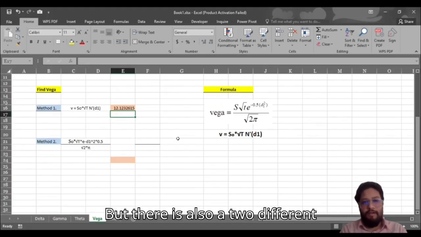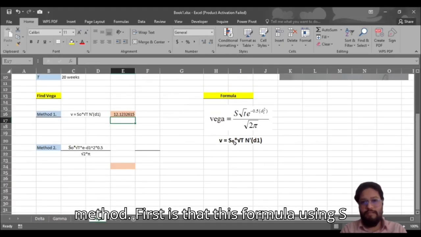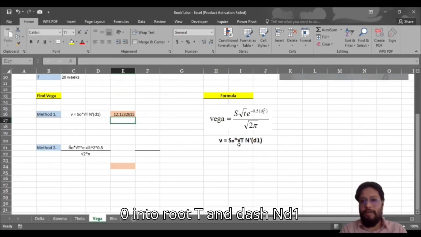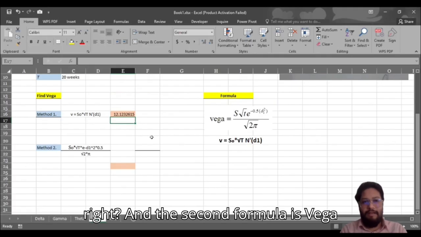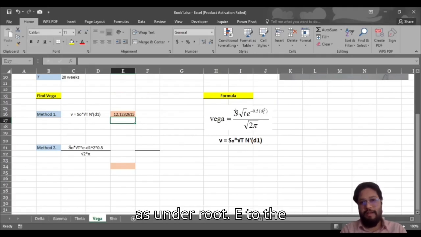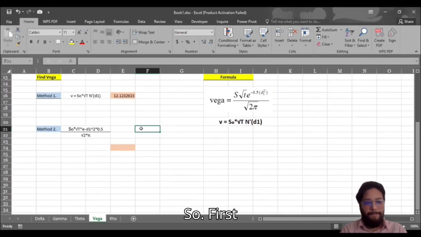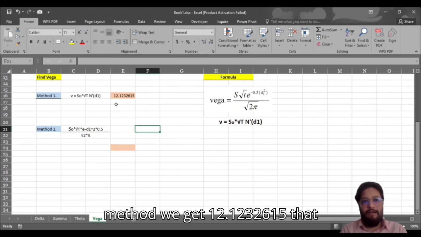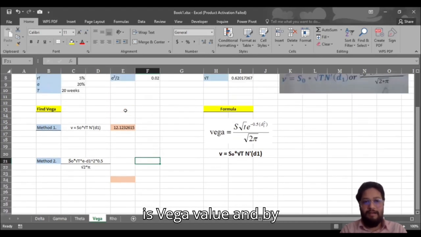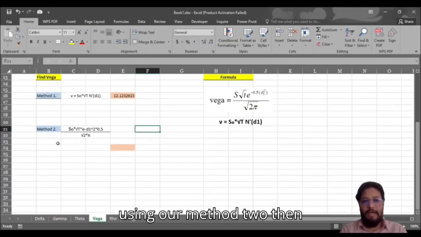So there are also two different methods. First is this formula: Vega equals S0 times root T times N'(D1), right? And the second formula is Vega as square root of T times e to the power minus 0.5 D1 square, divided by the square root of 2 pi, right? With the first method we get 12.12326115, that is the Vega value, and then by using method 2 we calculate.